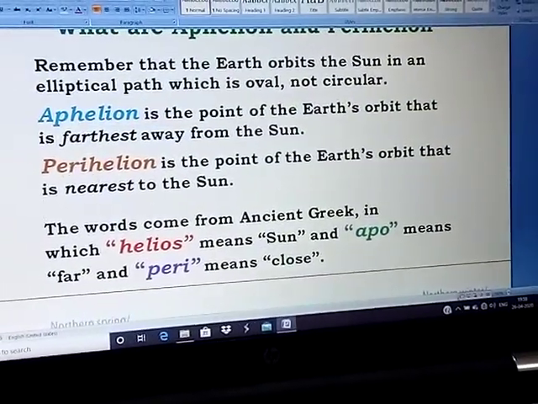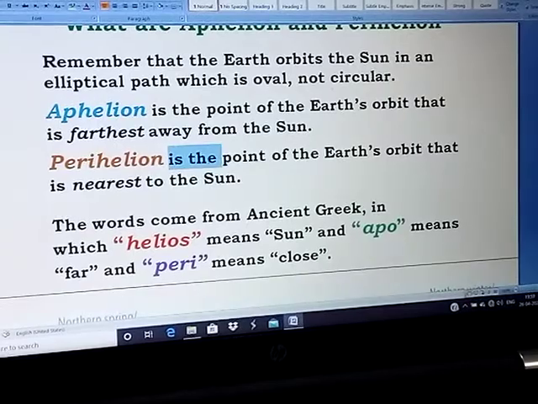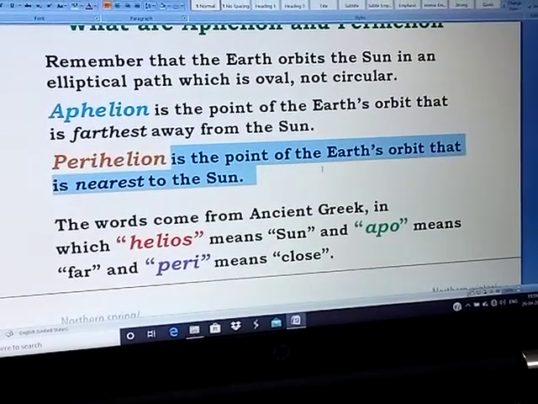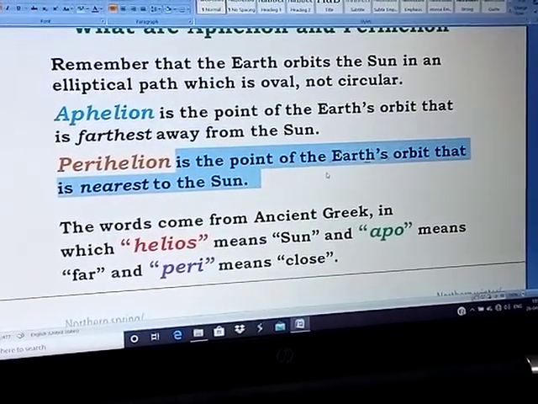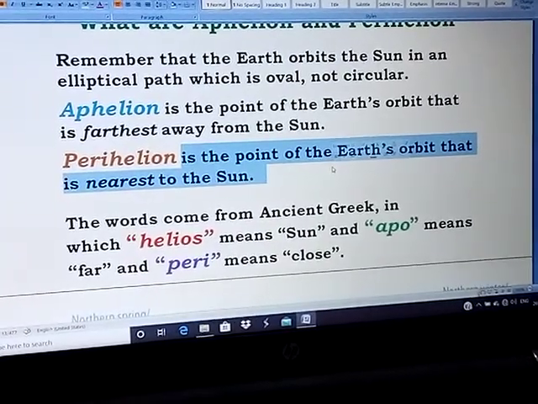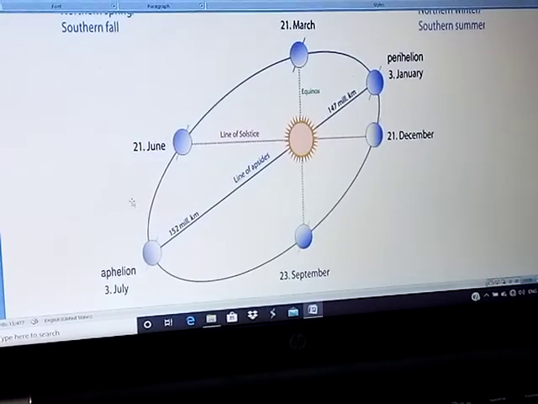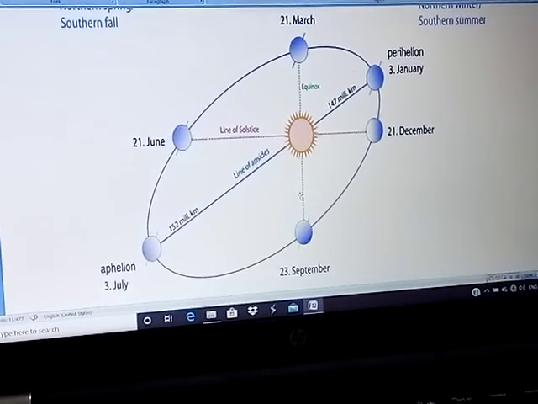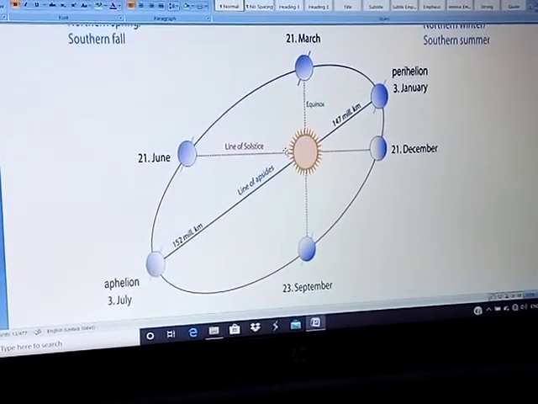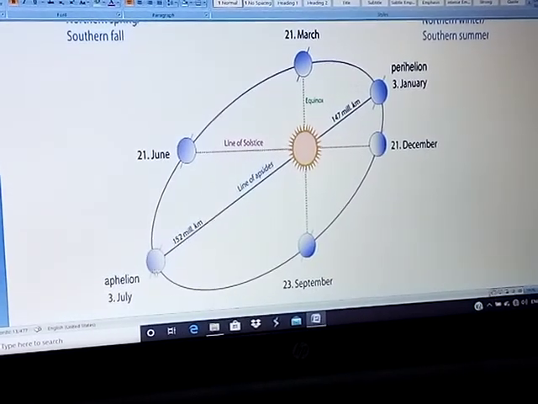Then perihelion. Perihelion is the point of the Earth's orbit that is nearest to the sun. Remember, this all happens in the orbit. Because of the shape of the orbit, sometimes the Earth comes closer to the sun, sometimes it goes away.